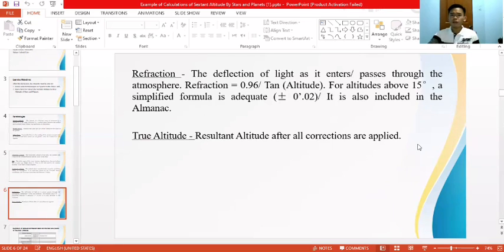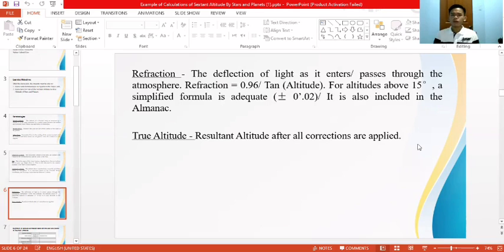Refraction is equal to 0.96 divided by tan of the altitude. For altitude above 15 degrees, a simplified formula is adequate, plus or minus 0.02 minutes. It is also included in the almanac.